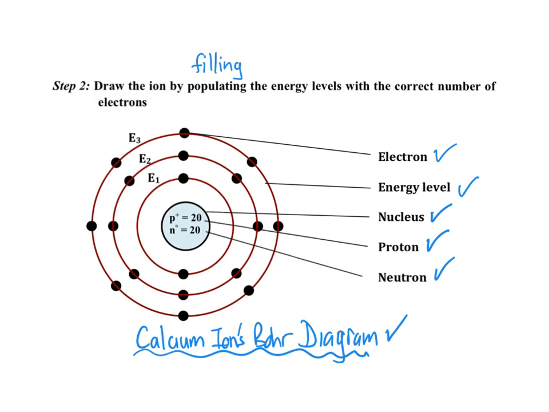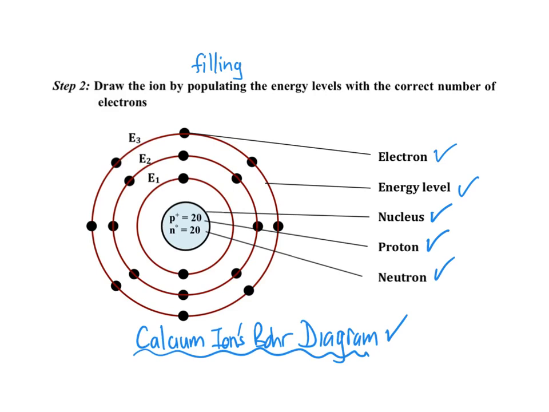Now, how many electrons does this ion have? Well, we said it's 18. So let's take a look. Let's count. We draw a circle for the first energy level, put 2 electrons in. We draw a circle for the second energy level, put 8 electrons in. 2 plus 8 is 10. Draw the third energy level, represented with a circle, and we need another 8.